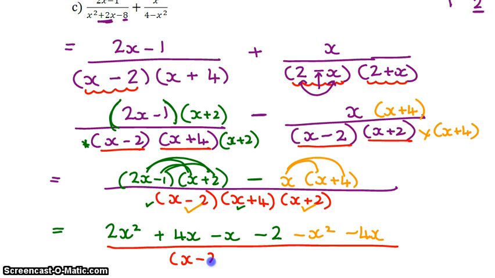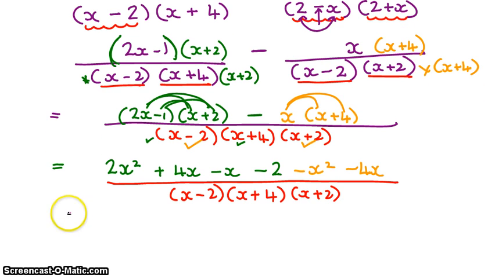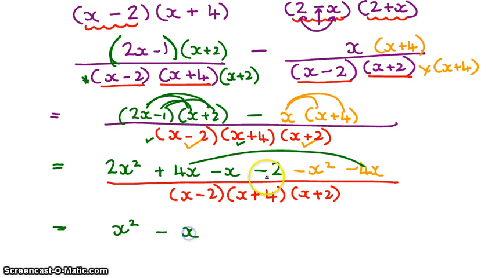Now, as I've said before, I'm not going to multiply out my lowest common denominator because it doesn't actually get me anywhere to multiply out the bottom. I'm going to collect up like terms at the top. So 2x squared, take away an x squared is x squared. 4x, take away 4x, disappears, and I've still got a minus x, so minus x and minus 2.